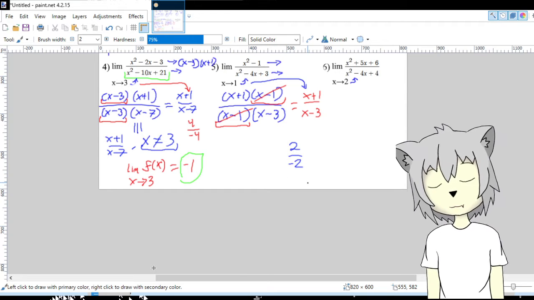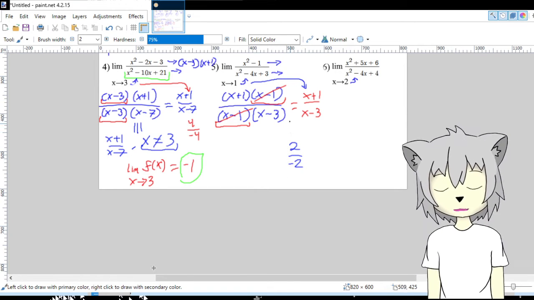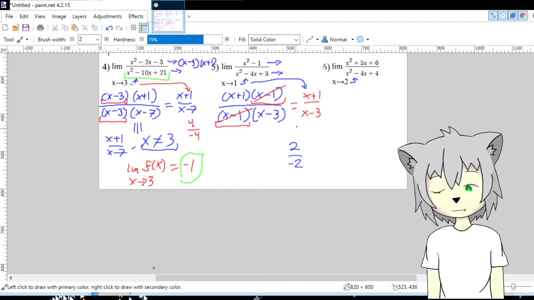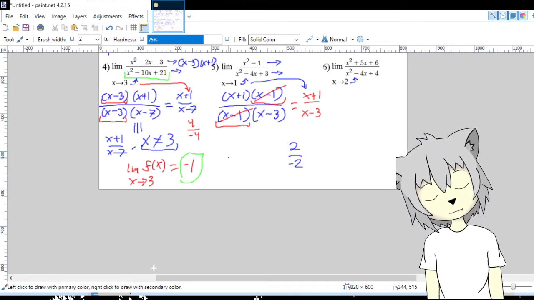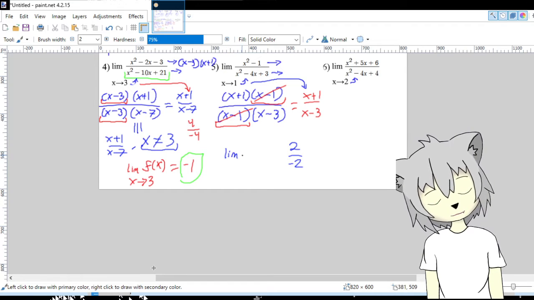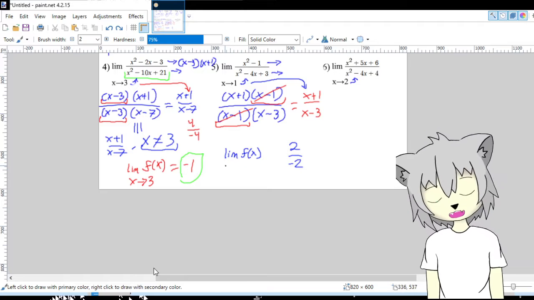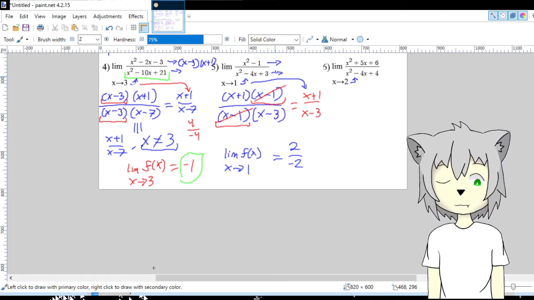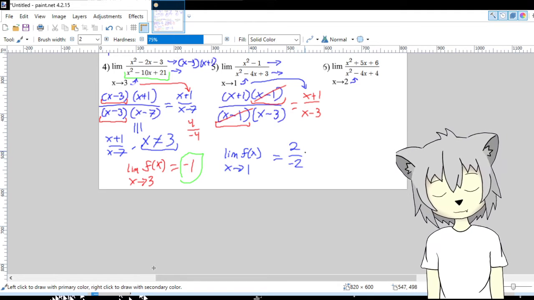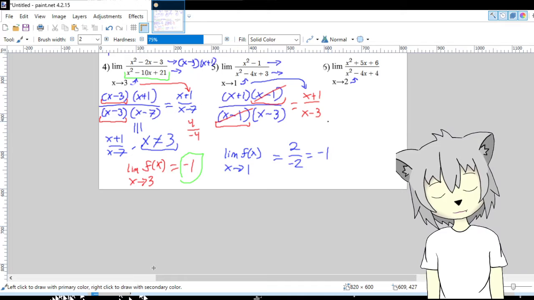And I feel like I actually made a really dumb equation, because not every limit with a design like this is going to equal -1.